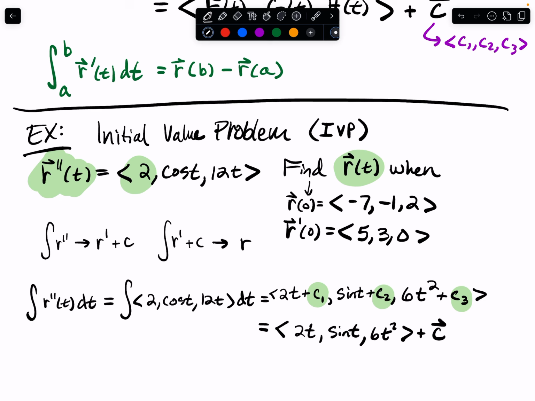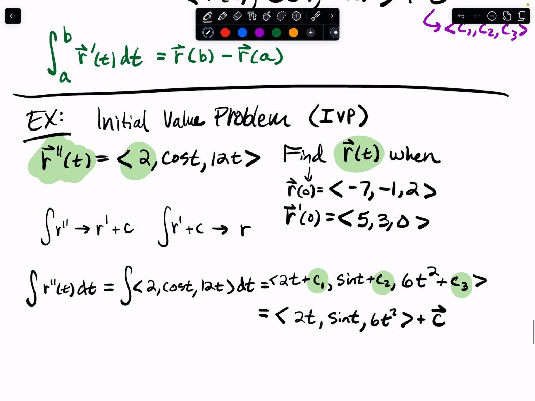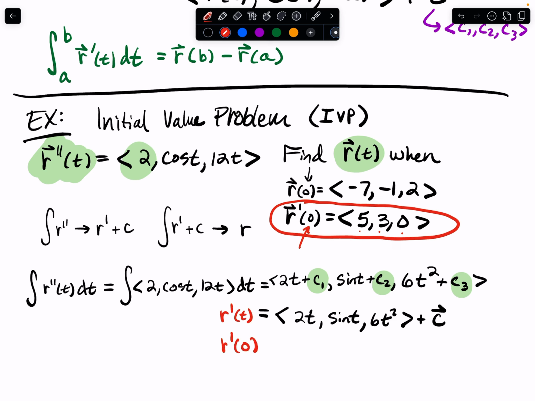And what do I want this thing to equal? Well, when we plug a 0 in, we want r prime of 0 to equal 5, 3, 0. So this is r prime of t, yeah? So I want r prime of 0.